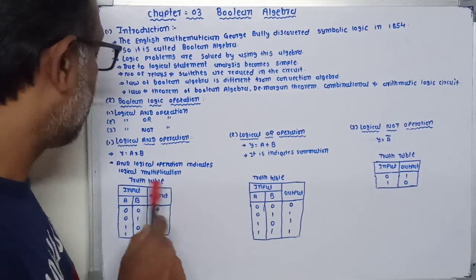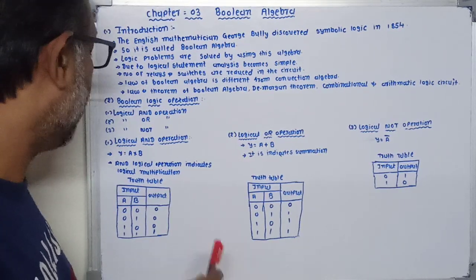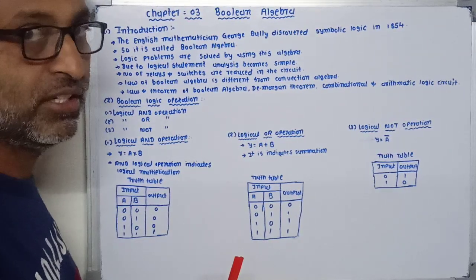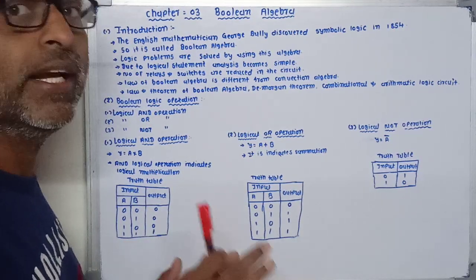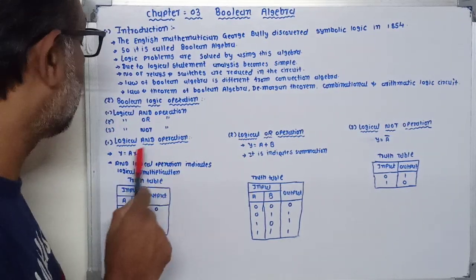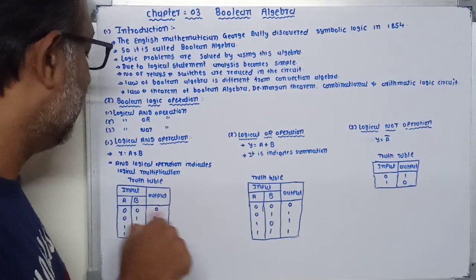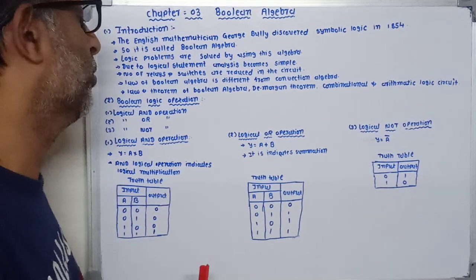This truth table indicates the AND logical operation. That's why the AND logical operation indicates the logical multiplication, the multiplication of the given inputs.